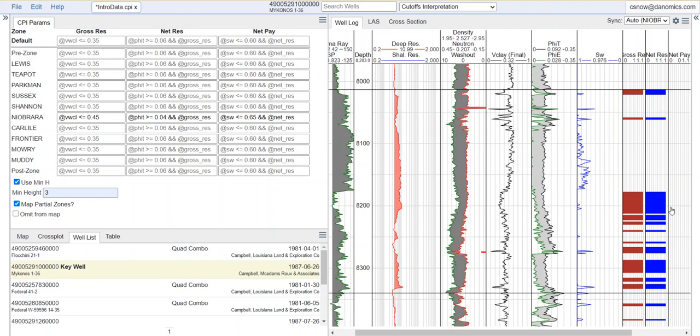So, just keep that in mind, and feel free to experiment with cutoff values to try and work out some sensitivities. See if, given the production profiles, 4%, 6%, 8% porosity makes a meaningful change in what your expected recovery factors would be. So there's a lot of ways you can test this.